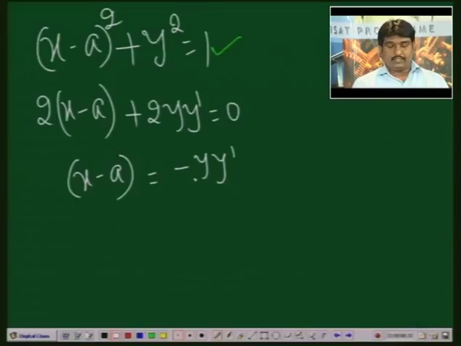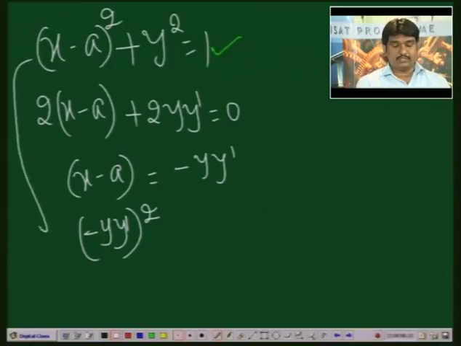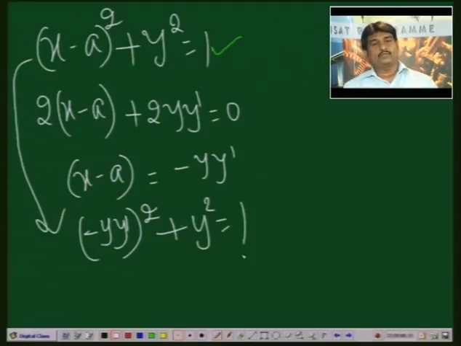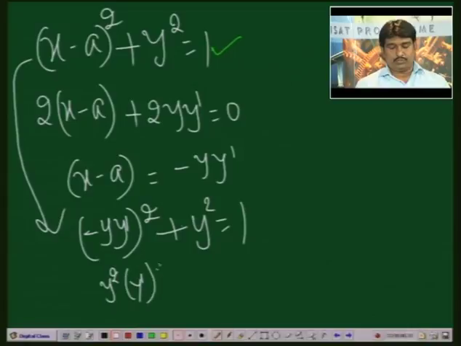Now substitute this in the given equation. So x minus a is minus y into y dash. So (x minus a) whole squared is (minus y into y dash) whole squared, plus y squared equals 1. This is nothing but y squared into y dash whole squared plus y squared equals 1.